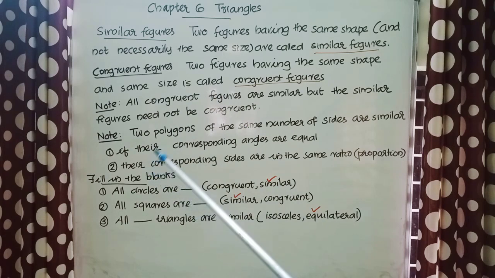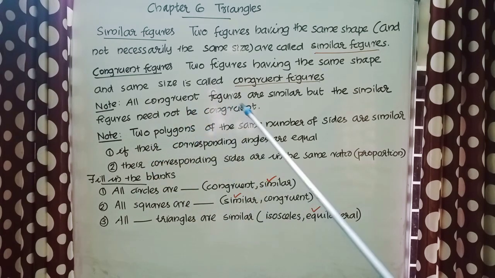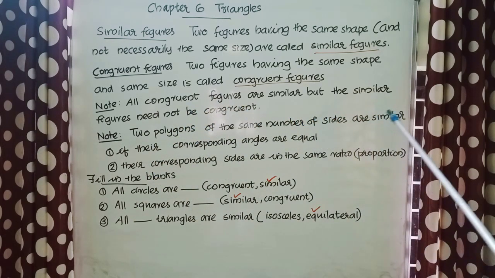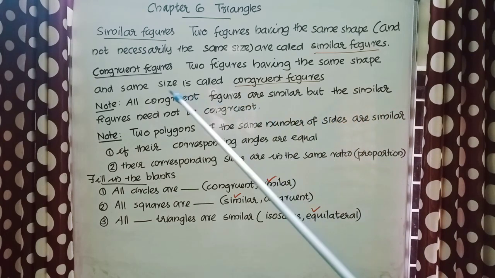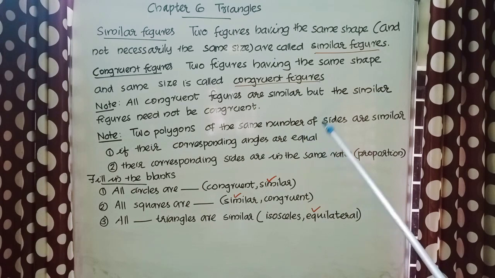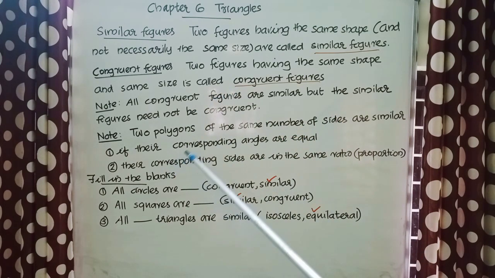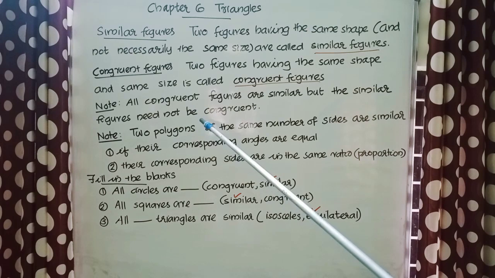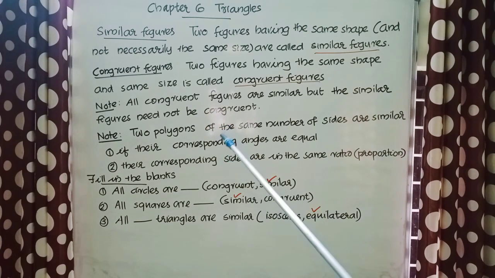Then another note: two polygons of the same number of sides are similar if their corresponding angles are equal and their corresponding sides are in the same ratio, that is, proportion. Two polygons, what is meant by polygon? A polygon is a closed figure made up of line segments.